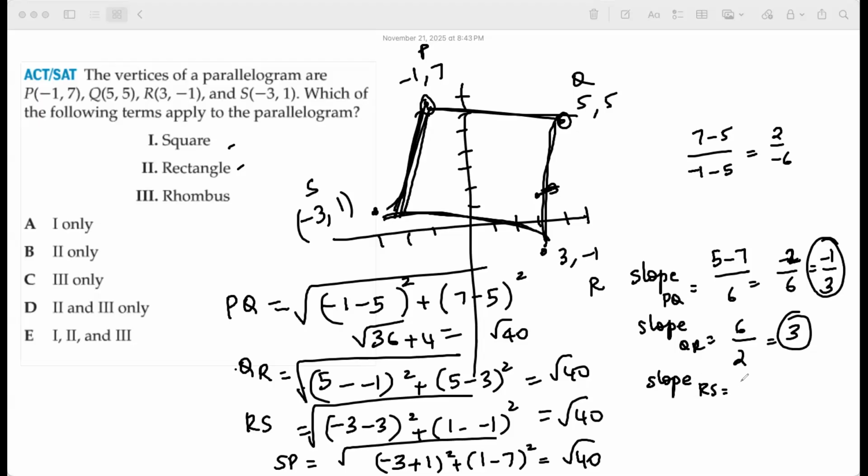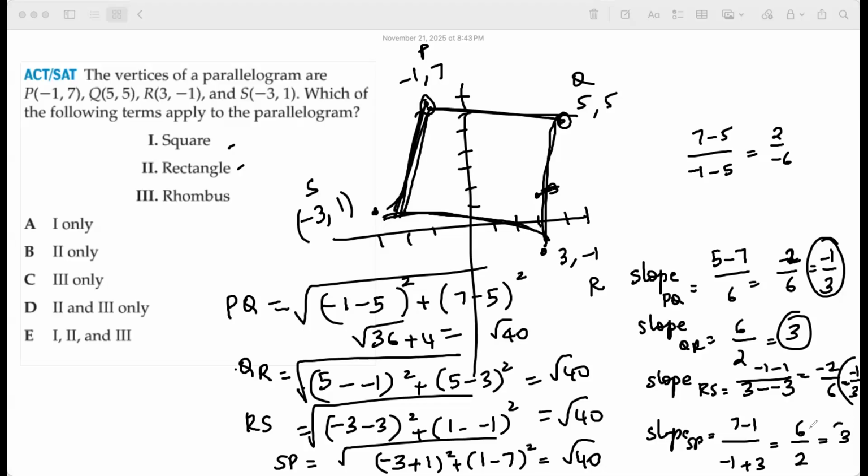RS is 3 minus minus 3 down beneath, up would be minus 1 minus 1. So minus 2 by 6 will be minus 1 by 3. Last one, slope of SP would be 7 minus 1 divided by minus 1 plus 3, would be 6 by 2, which is equal to 3.